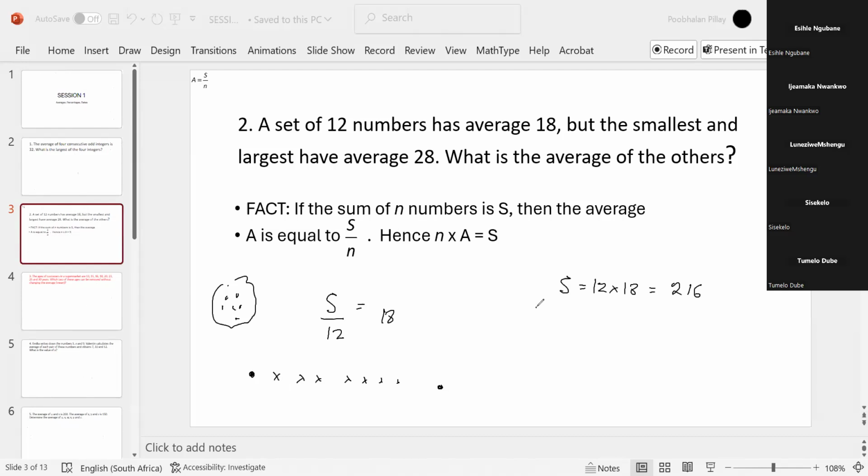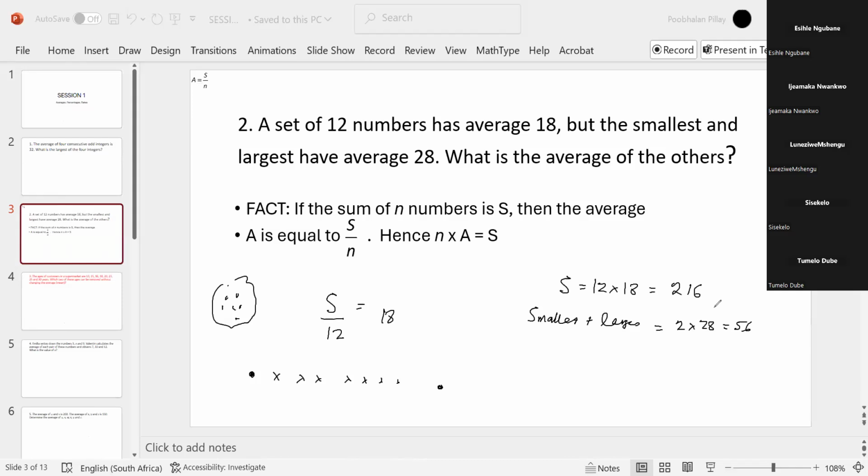So what does this mean? It means that the smallest plus the largest, the average is 28, so it must be 2 times 28, because the smallest plus the largest divided by 2 is 28.